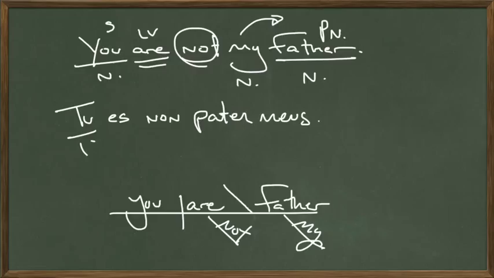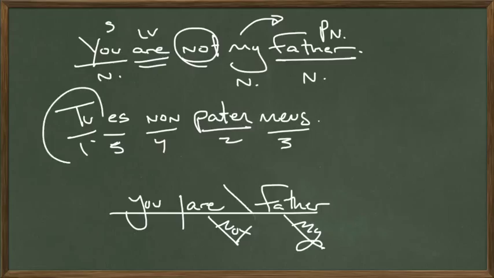Number 1, pater, number 2, meus, number 3, non, number 4, and es, number 5. Tu pater meus non es. That's probably how it would sound if we were including the pronoun. Latin typically doesn't unless it's showing emphasis. So in that case, you would just have pater meus non es.